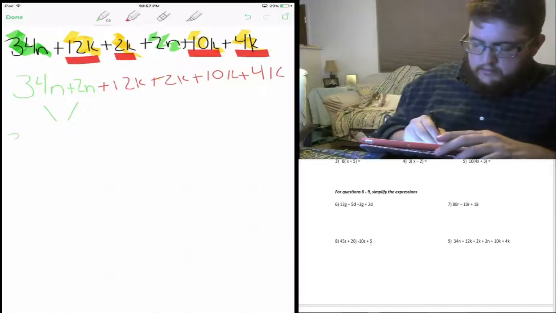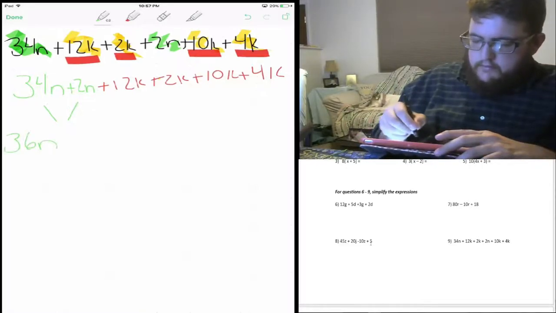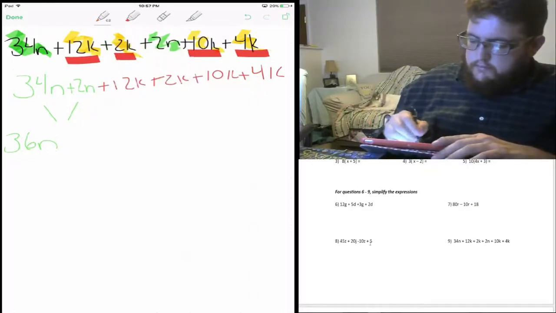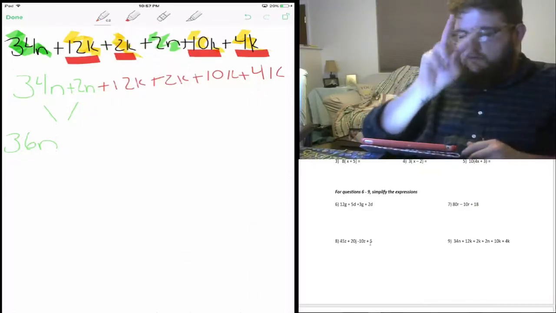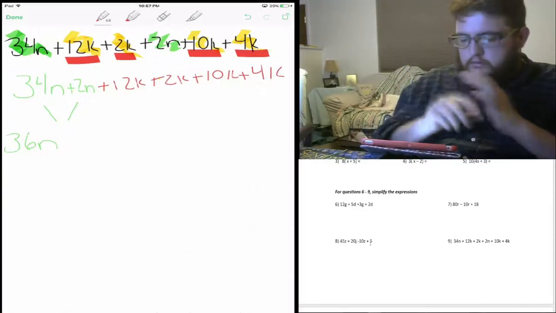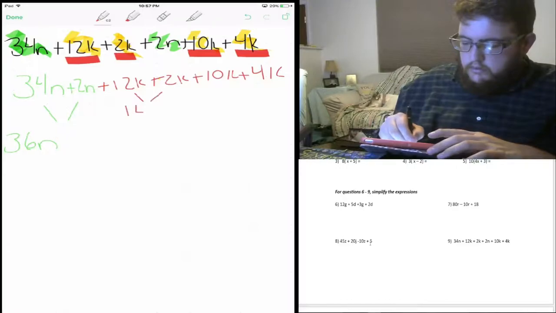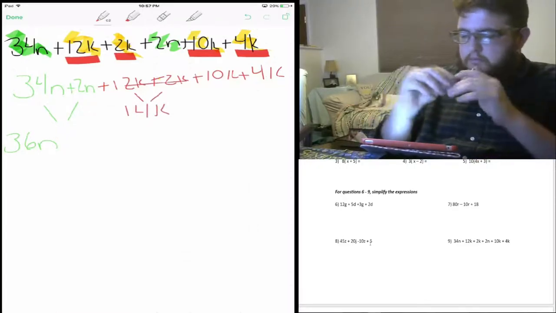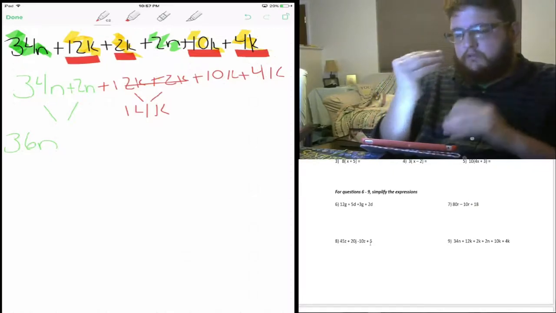34n plus 2n is 36n, and we're going to add that to the combination of our k's. So 12k plus 2k is 14k. And over here, 10k and 4k added together gives us another 14k.